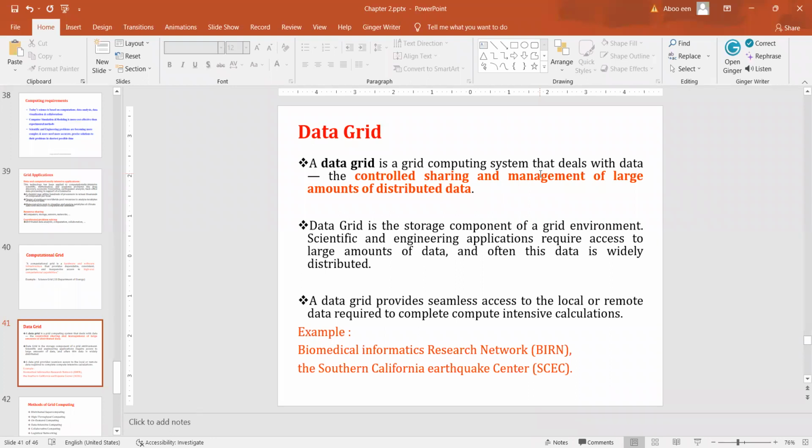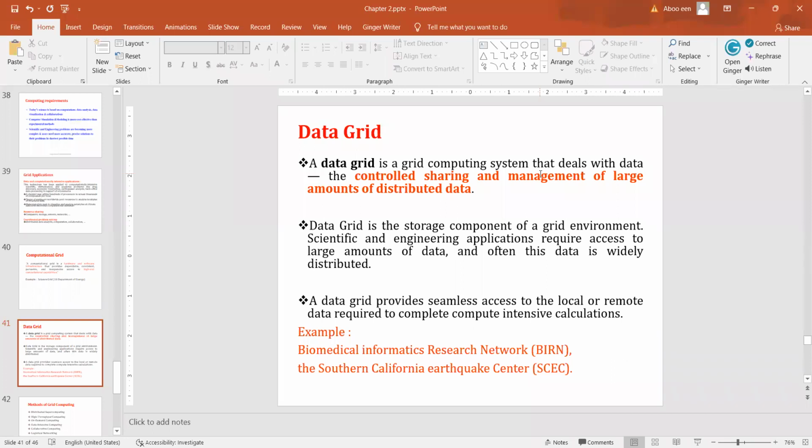So science and engineering related applications need a large amount of data, and this data can be widely distributed. They store this data in various distributed environments, so they can easily get this data for their computations.